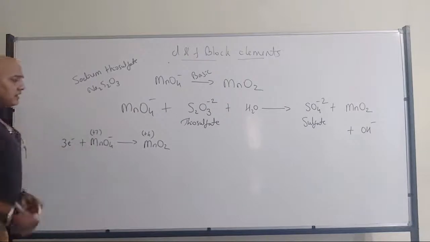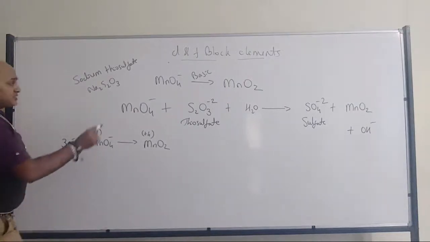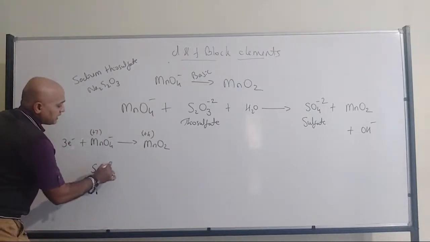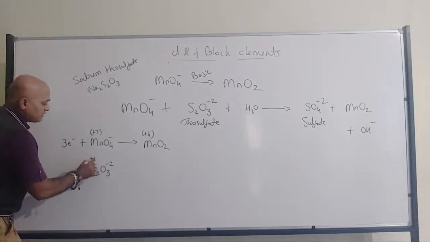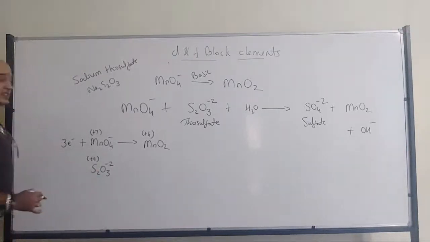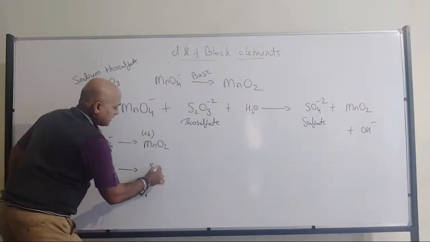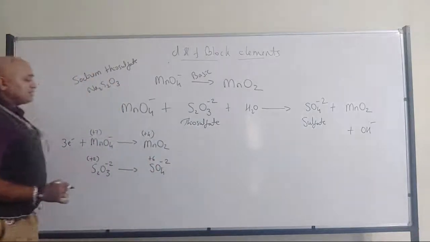Then only it will attain plus 4 oxidation state. Now, S2O3 minus 2. The oxidation state of sulfur here, we calculated in the last class, is plus 2, which is getting converted into SO4 minus 2, where it is having plus 6.